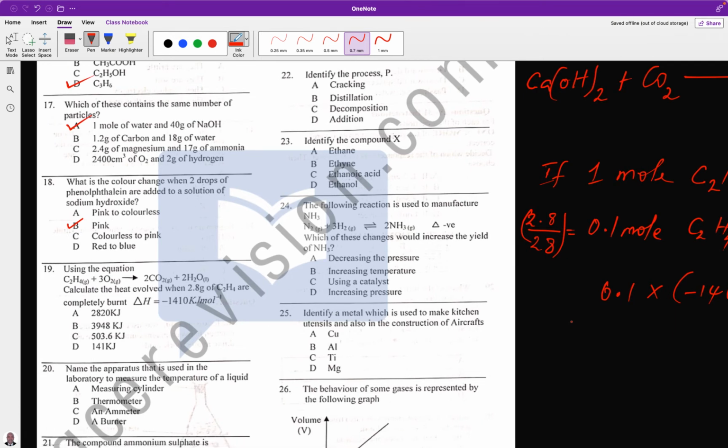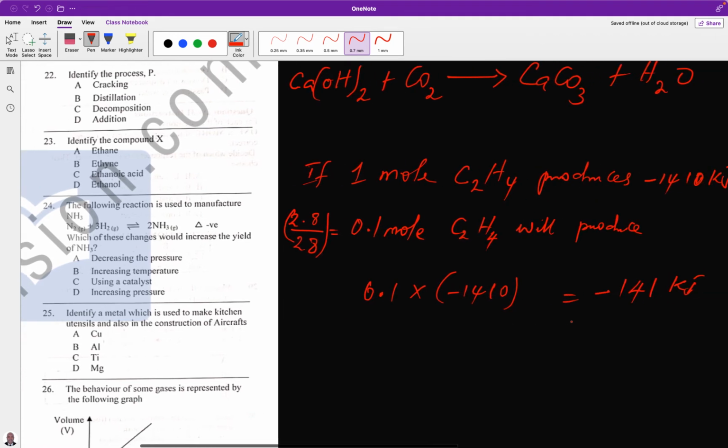A combustion reaction is an exothermic reaction.